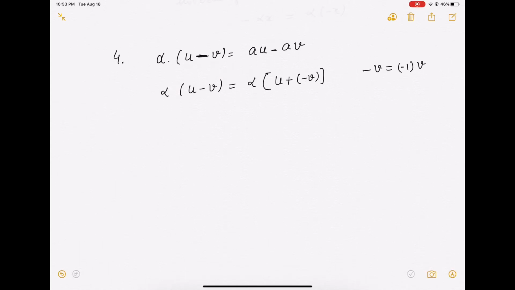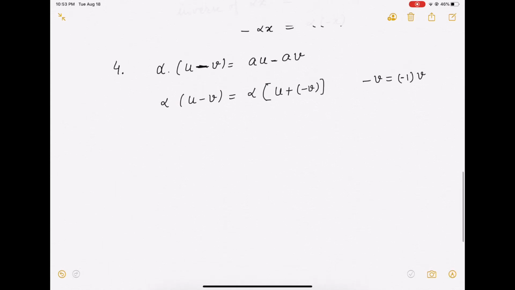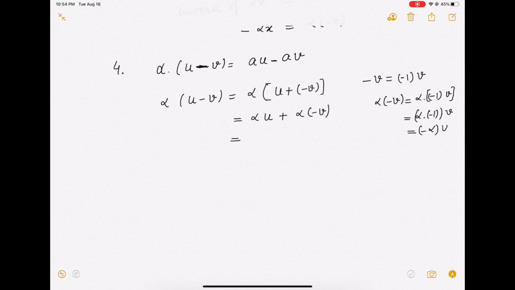So u minus v means u plus minus v. Now we operate alpha using distributive law. Alpha u plus alpha operated on minus v, and when alpha is operated on minus v, we get alpha operated on minus 1 v, and this gives you minus alpha v here.